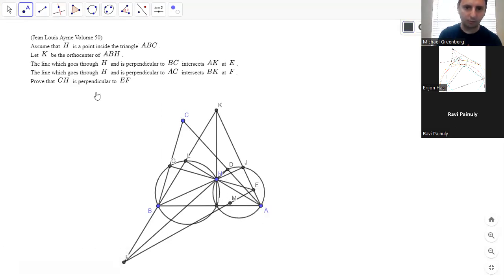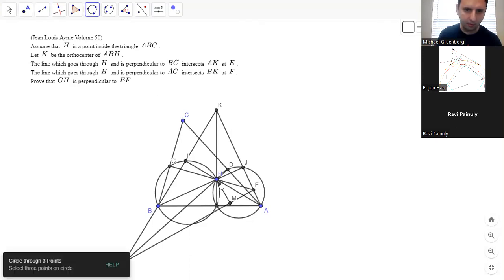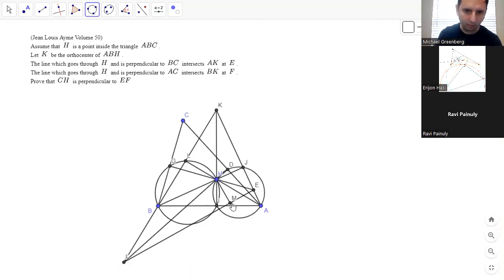Is there a way I can use the radical axis theorem? So we know that HJEM is cyclic. And we know that HL, FM is cyclic.